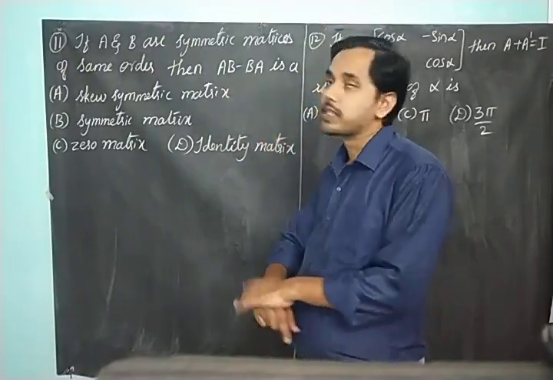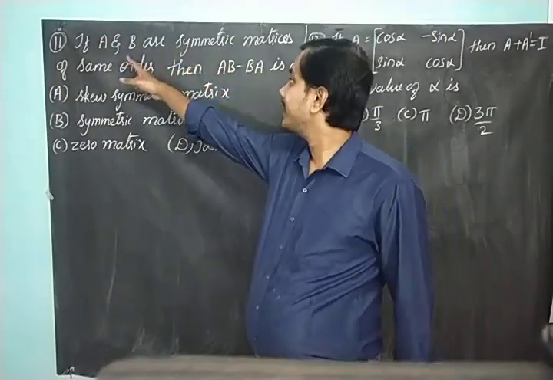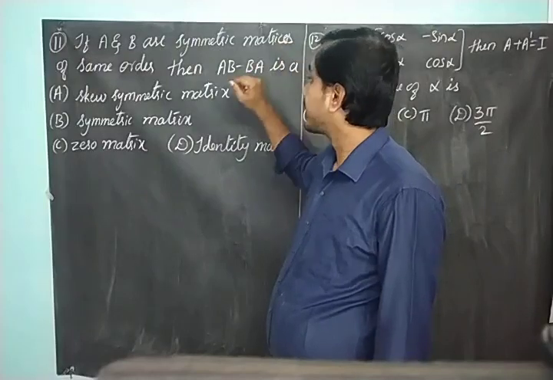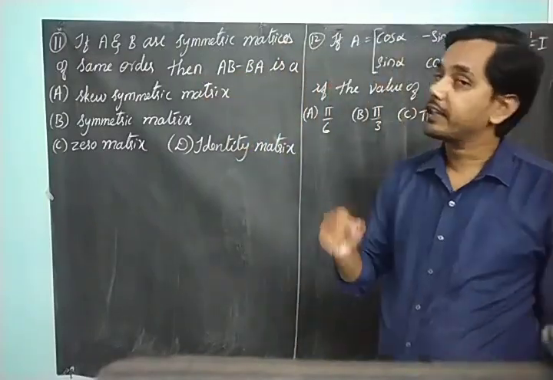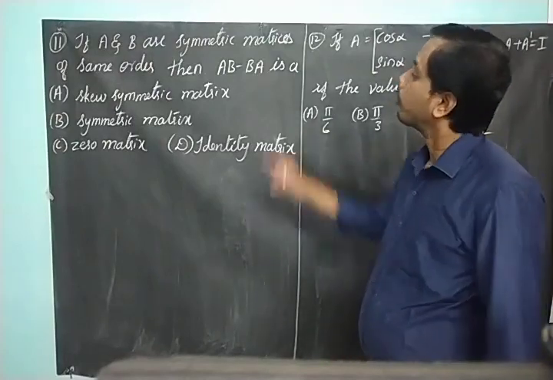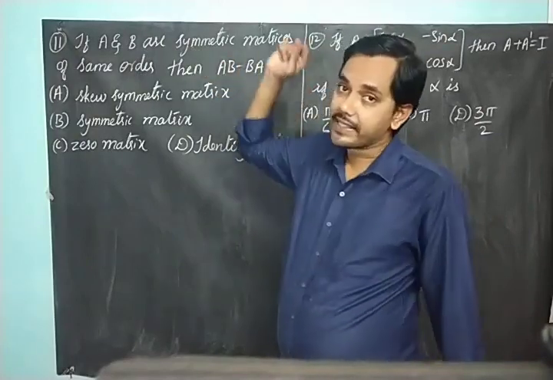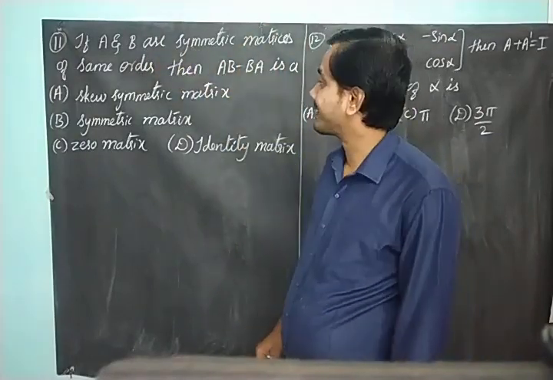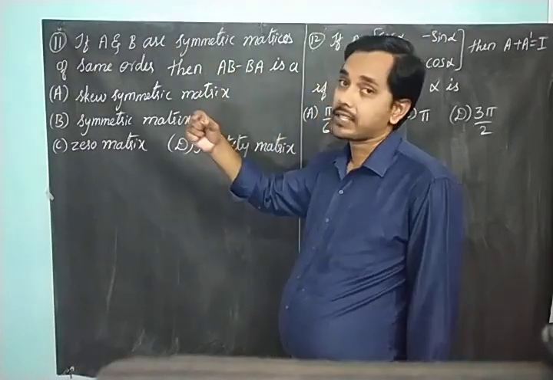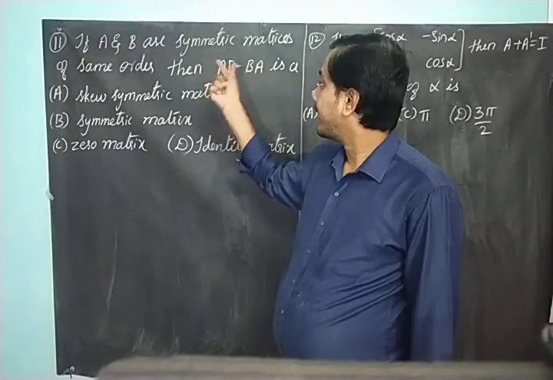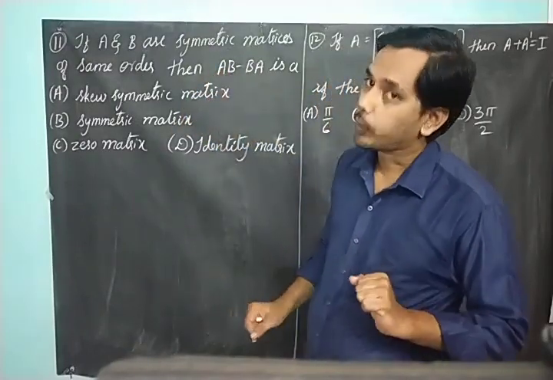Then AB minus BA is, see here, as they have mentioned that A and B are symmetric matrices of same order. Whenever it comes to symmetric, definitely it should be a square matrix. If they have not mentioned symmetric matrix, then also these matrices will be square matrices. Why? Because they are of same order, and they are eligible for multiplication, so definitely they will be square matrices.